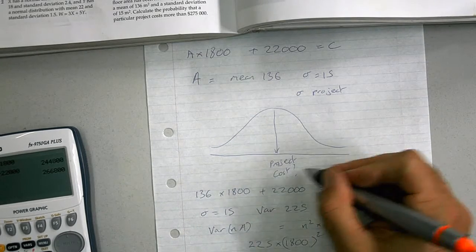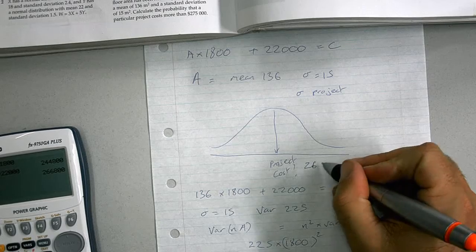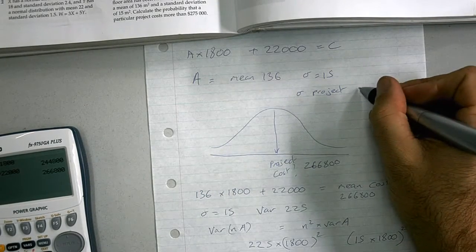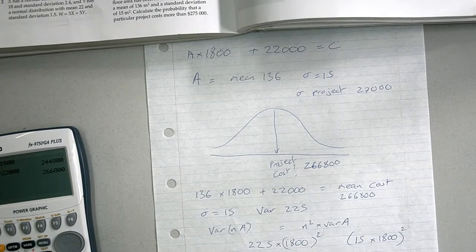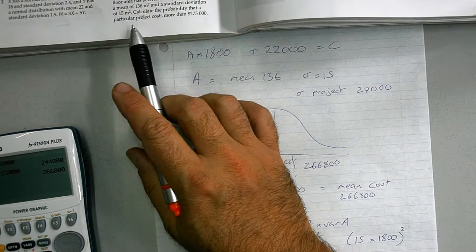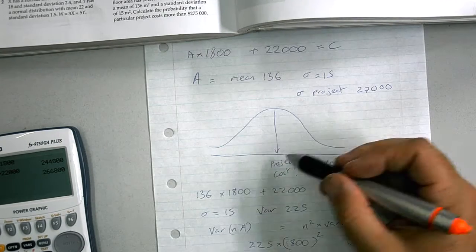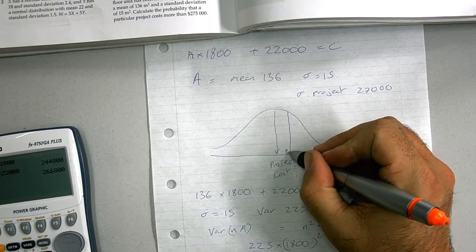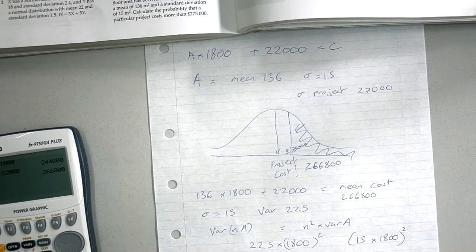I now know that the mean is 266,800 and the sigma is 27,000. The question says calculate the probability that a particular project costs more than 275,000. So 275,000 is there, and I want more, so I want all of that.